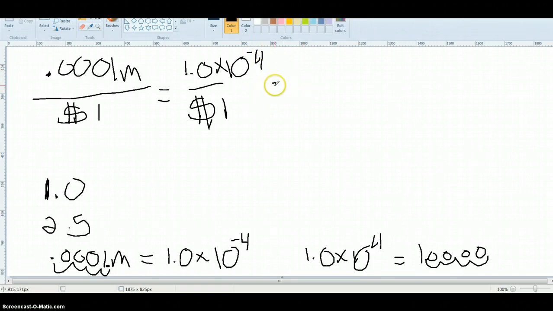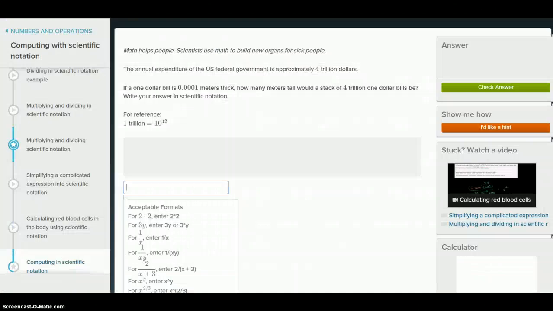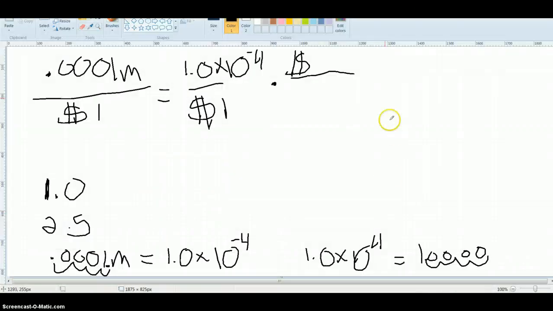Now we put the amount of dollars that we have on the opposite side of this dollar. Since this dollar is on the bottom, we're going to have the dollars on top to multiply. So 4 trillion in scientific notation is going to be 4.0 times 10 to the 12th, because that was the hint they gave us.